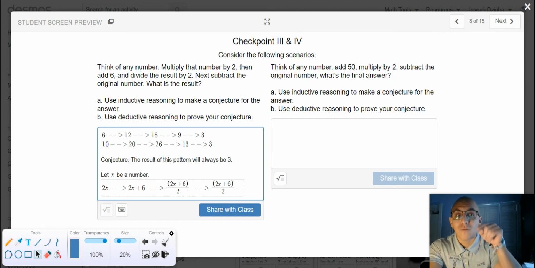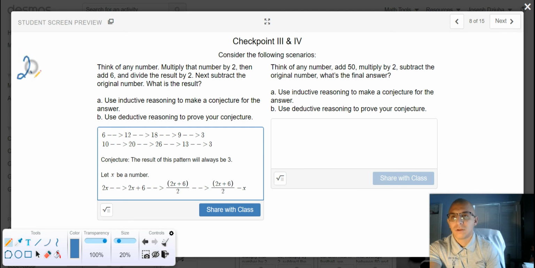The original number for the algebraic, the deductive style of thinking. And that original number was x. Now when you go to simplify, and I'll write this out for us. Boom, boom, boom. There we go. Now we have this expression, 2x plus 6 divided by 2 minus x.